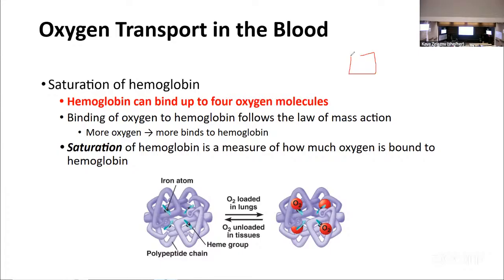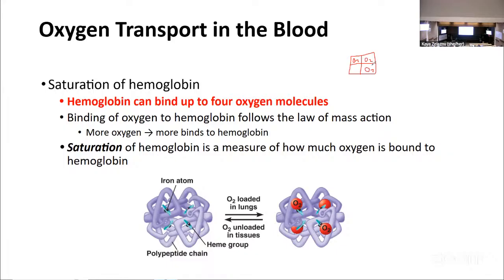Since we've got 4 spots for oxygen, in your slides we're just going to have a box with 4 spots. Each of these can take on 1 oxygen molecule, and we're indicating for each of these subunits whether we have an oxygen bound to the heme group there or not.